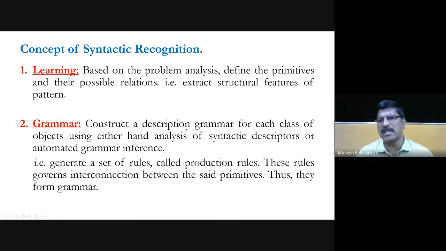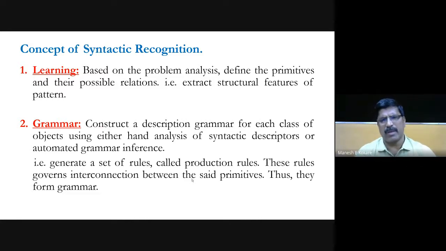Construct a description grammar for each class of the object using either hand analysis of the syntactic descriptor or automated grammar inference. That is, generate a set of rules, called production rules. These rules govern the interconnection between the said primitives. So what is the connection between the first primitive and second primitive and third primitive, third and first, and so on.